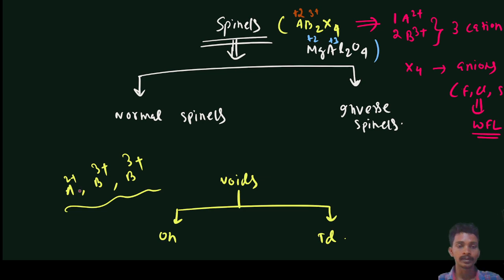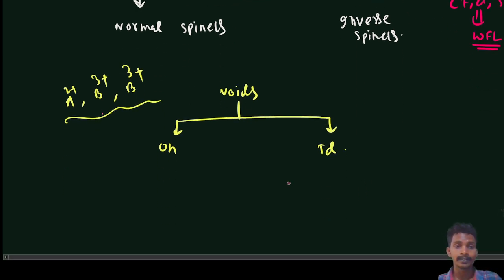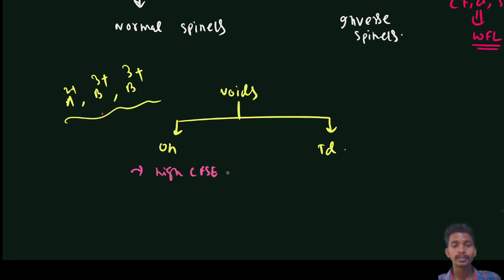Which cations will go to octahedral and which go to tetrahedral is decided by the CFSE. The one with high CFSE will go to the octahedral holes, and the one with low CFSE will go to the tetrahedral hole. The octahedral hole is generally large in size and the tetrahedral is generally small.